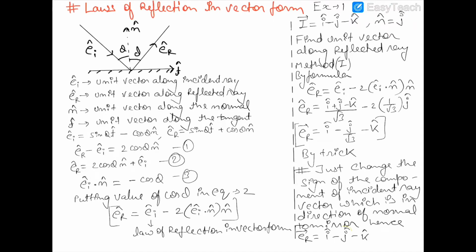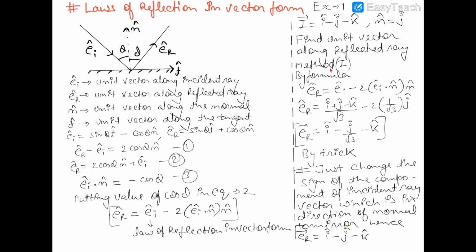So this ray is going towards the negative y-axis, obviously, so it will strike the plane mirror which is kept in the XZ plane. So we have to find out the unit vector along the reflected ray.